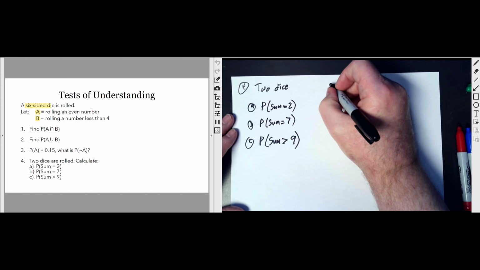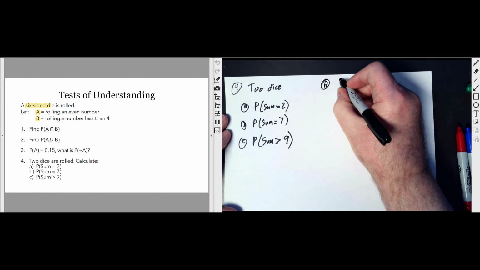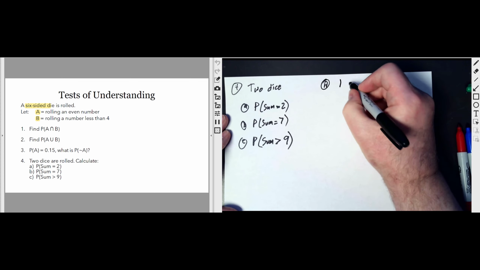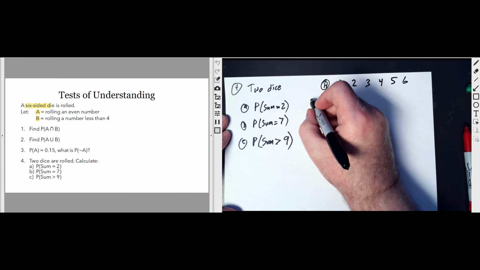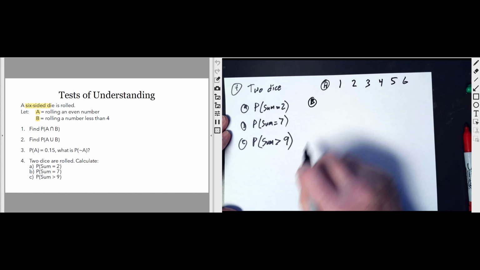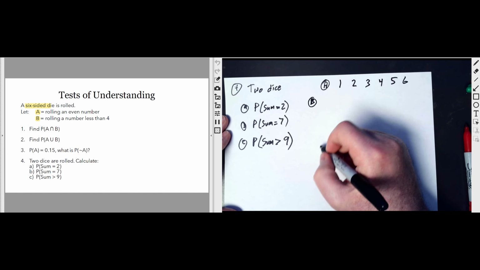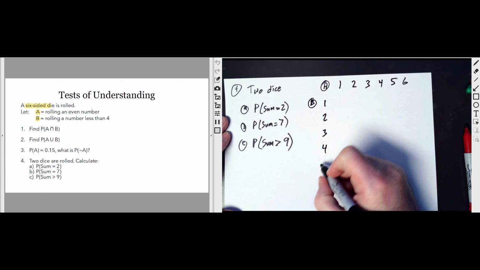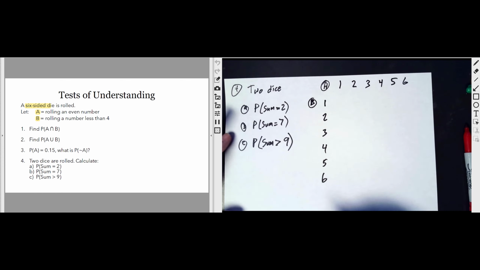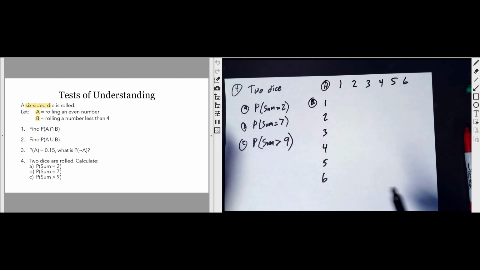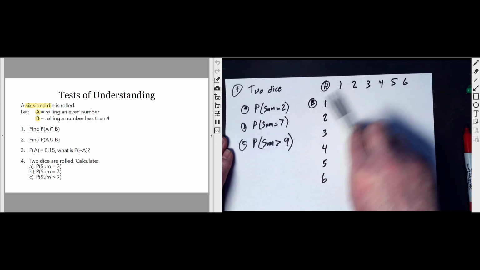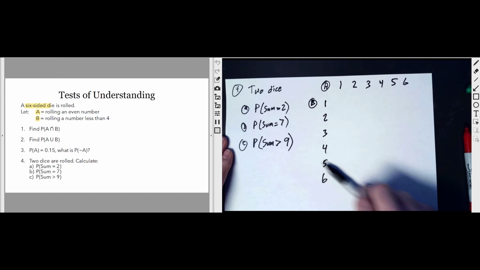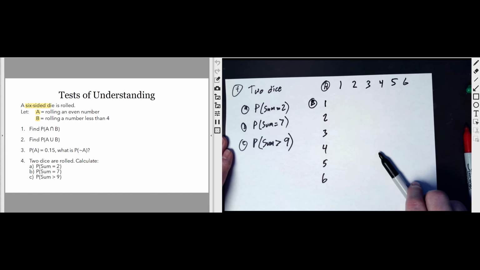I'm going to call this die A. It has possible outcomes 1, 2, 3, 4, 5, or 6. And the other die, B, has possible outcomes 1, 2, 3, 4, 5, and 6. Since we're rolling both dice, then there are 36 possible, equally likely outcomes.